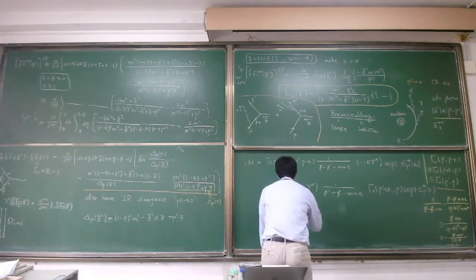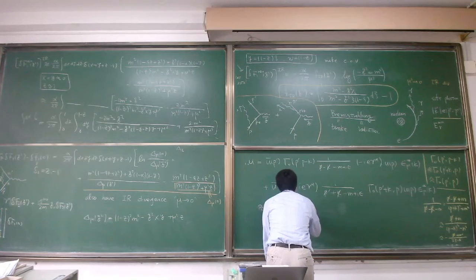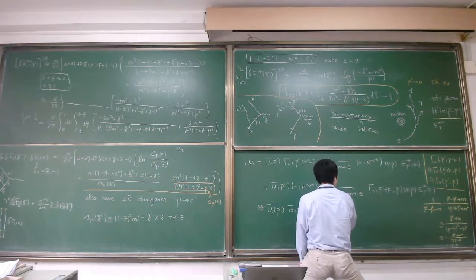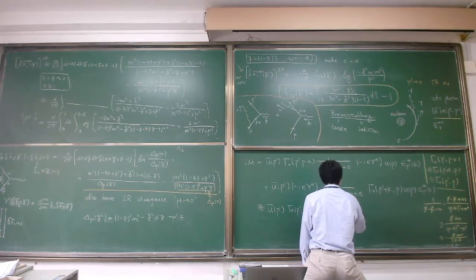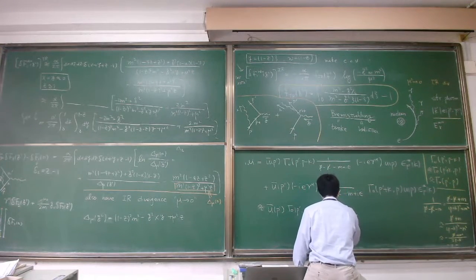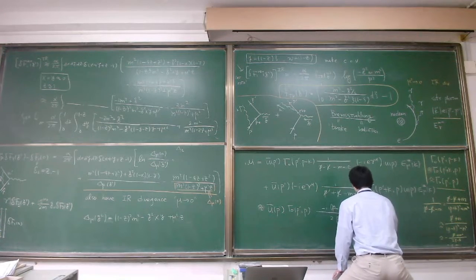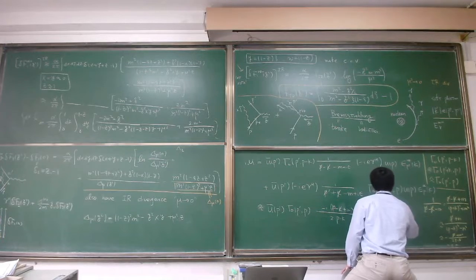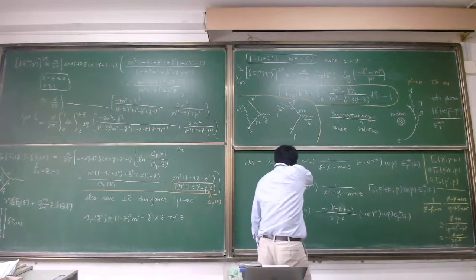So the first one is gamma 0, then p prime and p, and here what you have is minus i times p slash minus k slash plus m divided by 2 times p dot k, and minus ie gamma mu, epsilon mu star. Like this way.